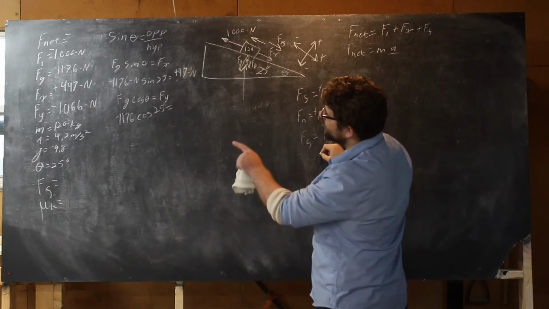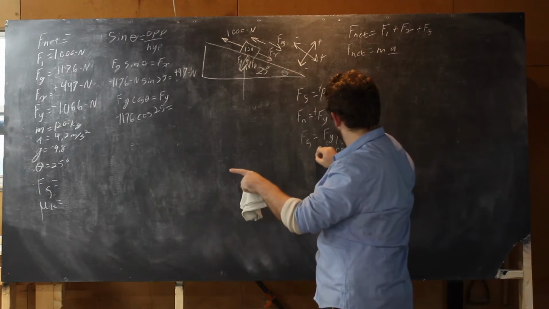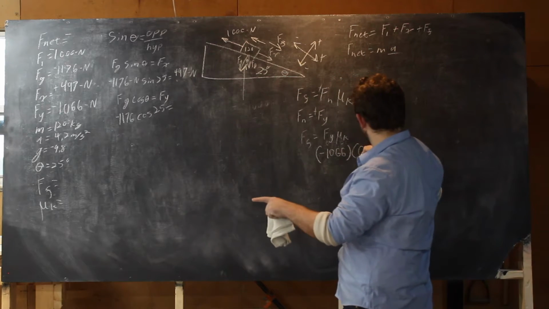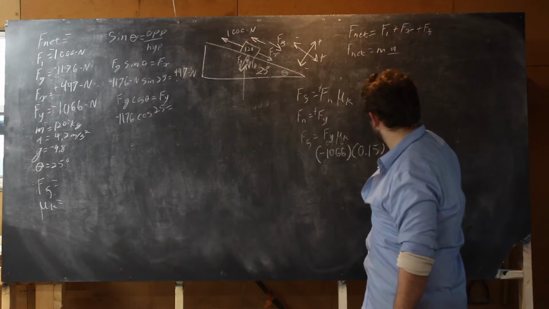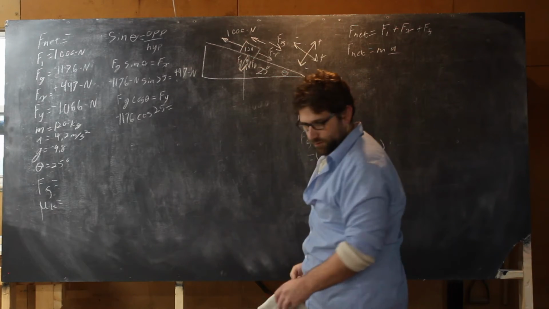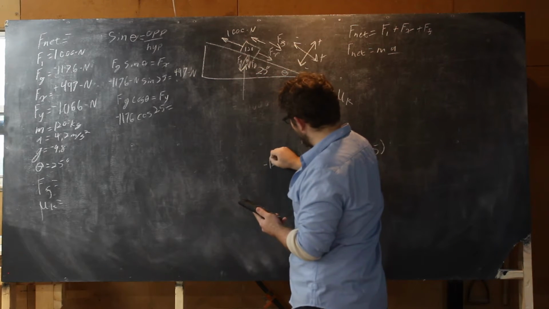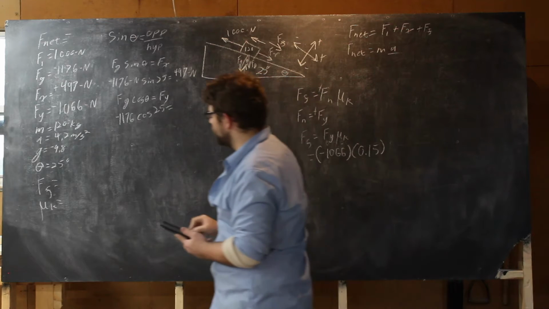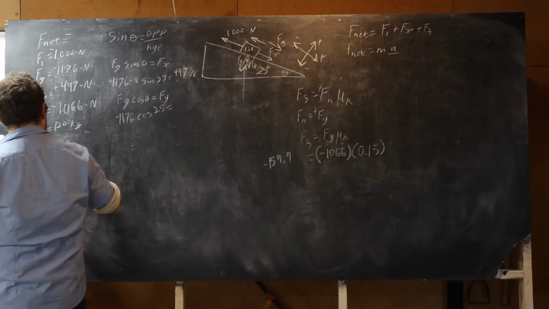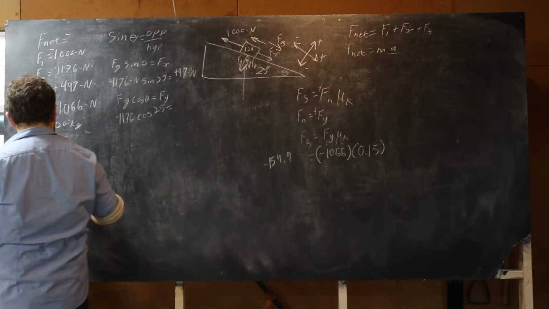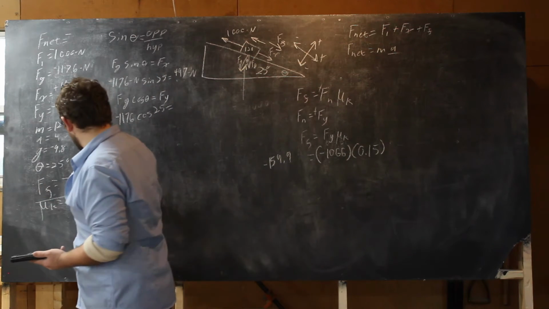So that's going to get me negative 1066 times that coefficient of 0.15. Okay, that'll give me my answer for force of friction. And that will be a negative 159.9. Okay, and that's our answer. So that's how we would find that.